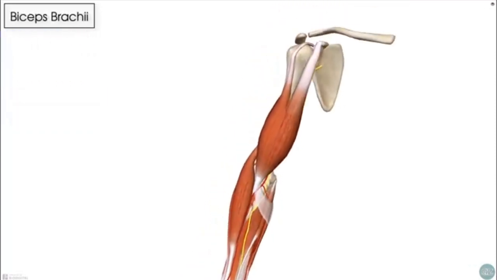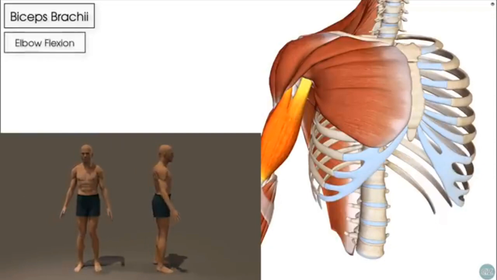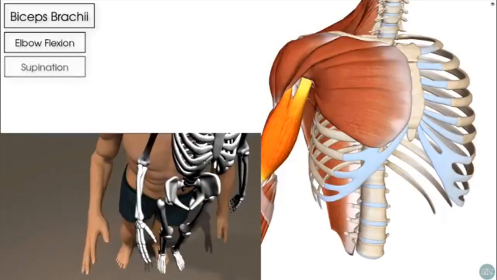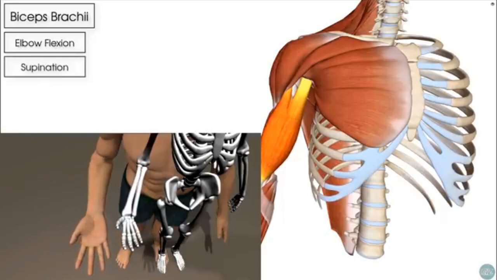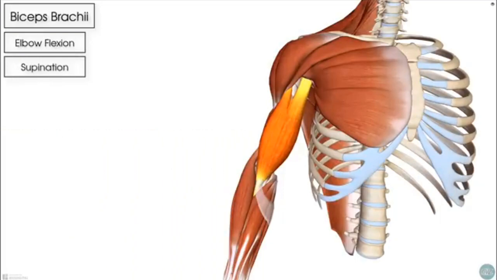In terms of its action, the biceps brachii performs flexion of our elbow and it's also a very powerful supinator of the forearm. Because the biceps crosses the elbow and the shoulder and it's biarticular, it should therefore exert some effect on the shoulder, and in most textbooks that's written as flexion of the shoulder.